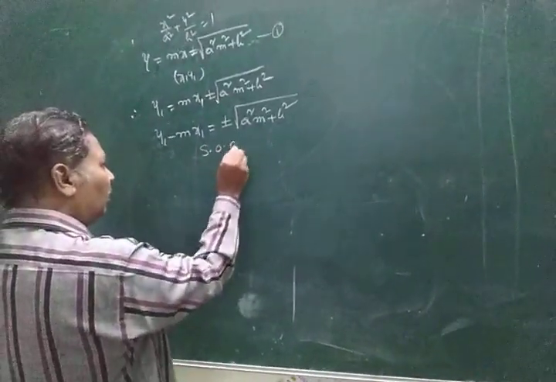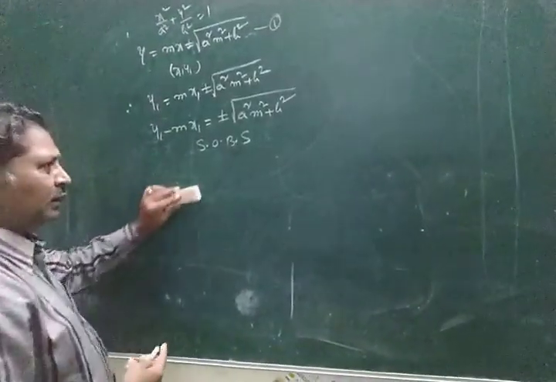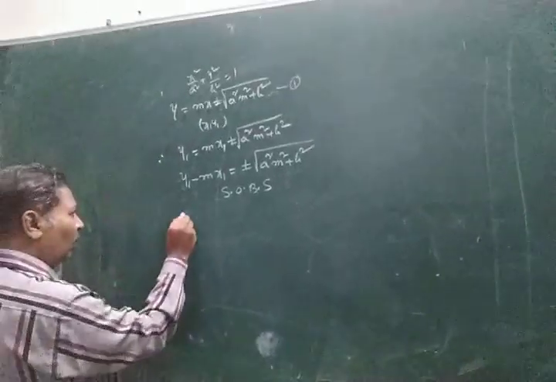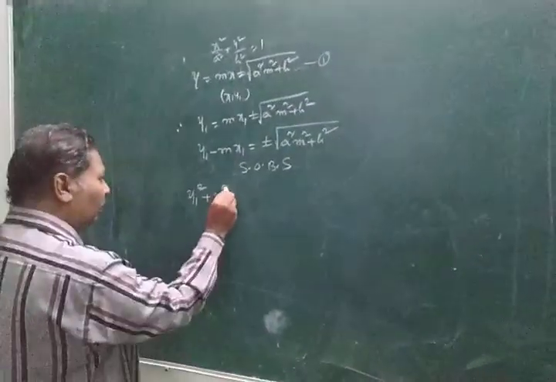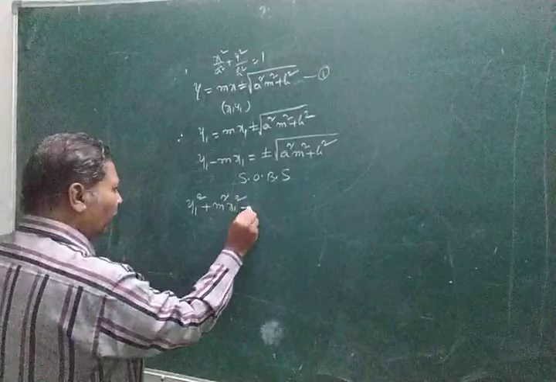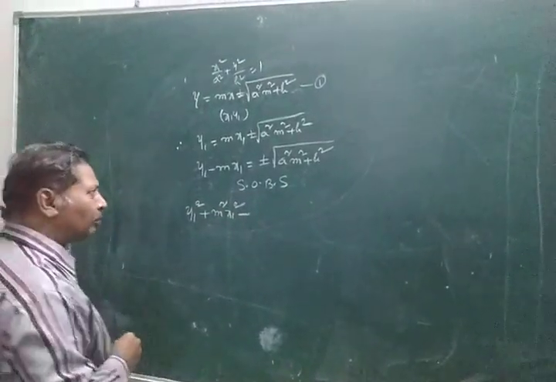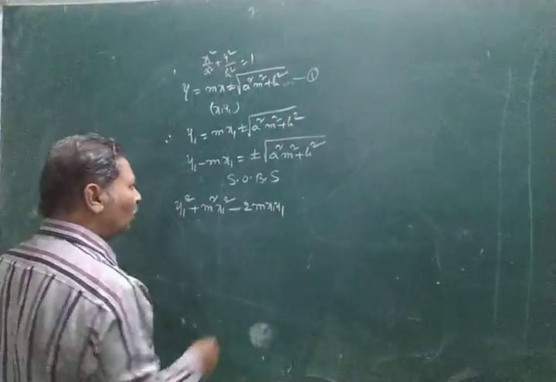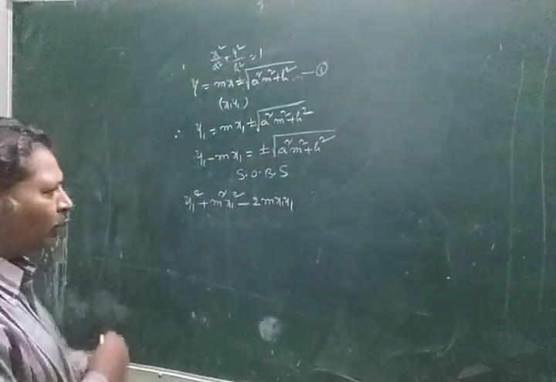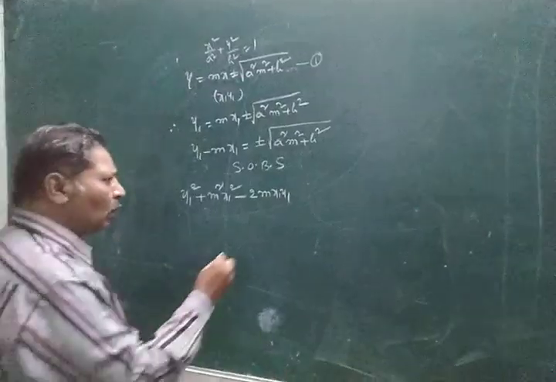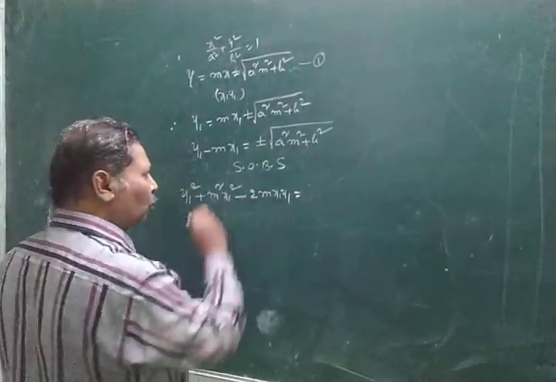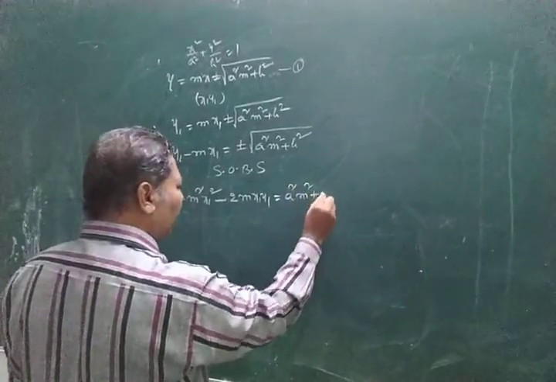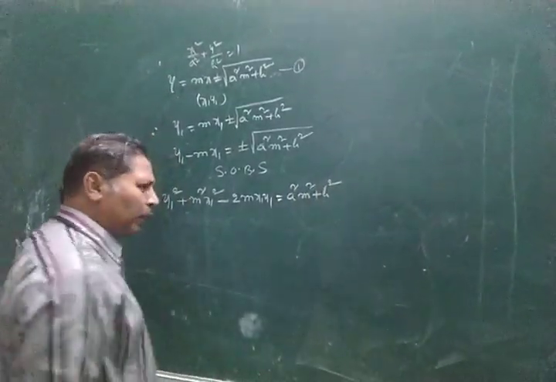Squaring on both sides: y1 square plus m square x1 square minus 2m x1 y1 equal to, in the RHS, a square m square plus b square.